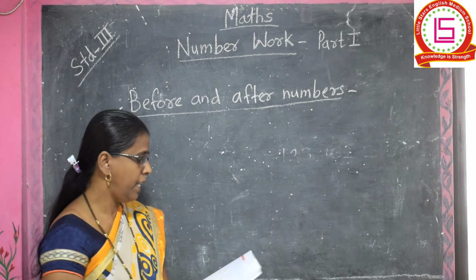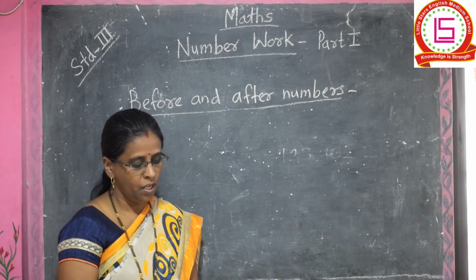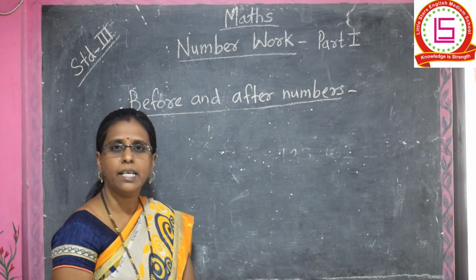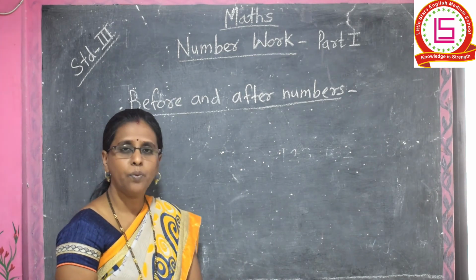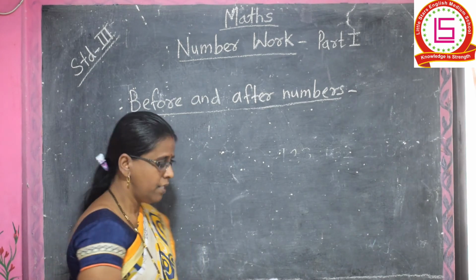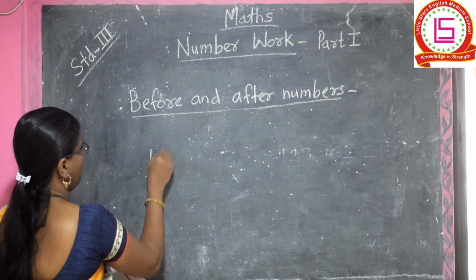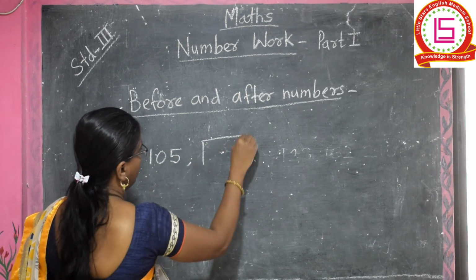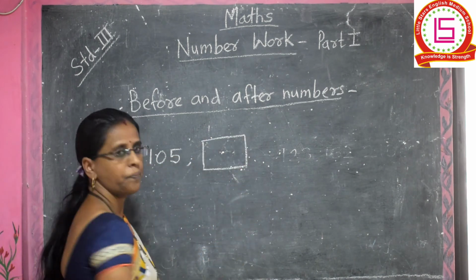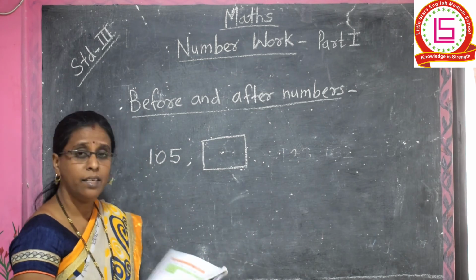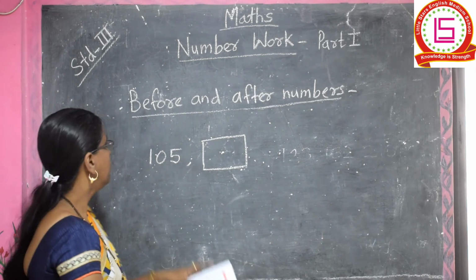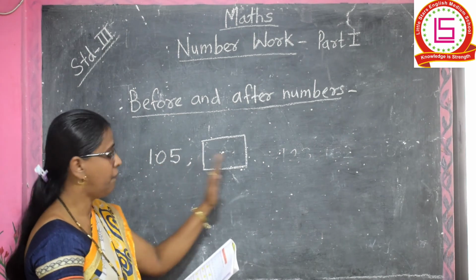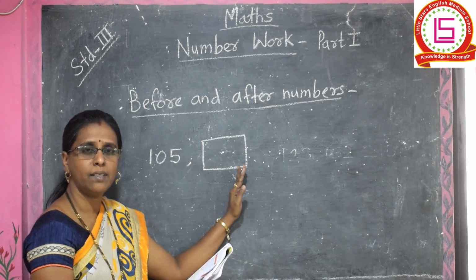Okay, then see the first question. With the help of the number strip above, write the next number. Okay, we have to write the next number. See, the first number given here is 105, and we have to write the next number. Okay, then see in the strips where 105 is, and after that 105, which number is present here?